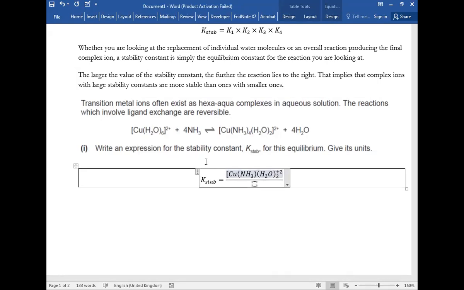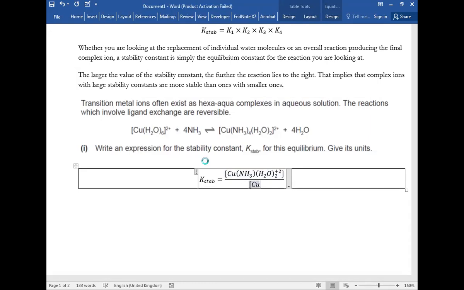I've told you people, we don't make brackets for the complex, the Cu H2O 6 2+, and NH3 is taken 4 times.